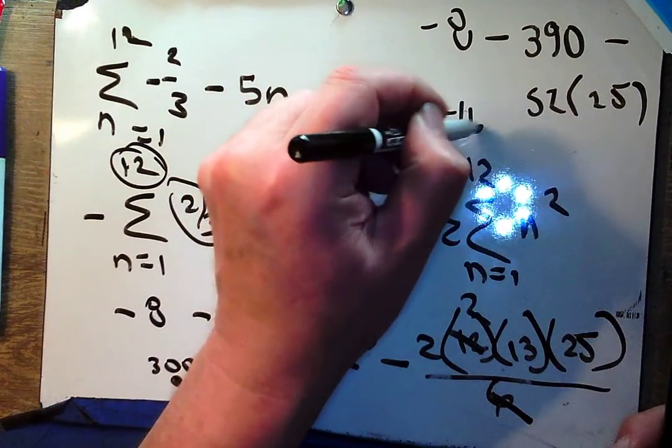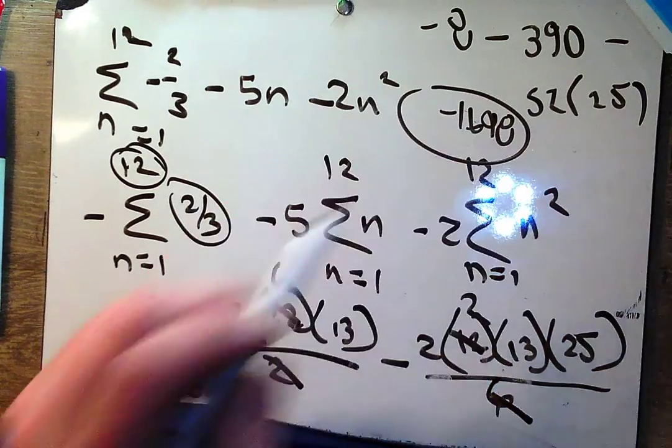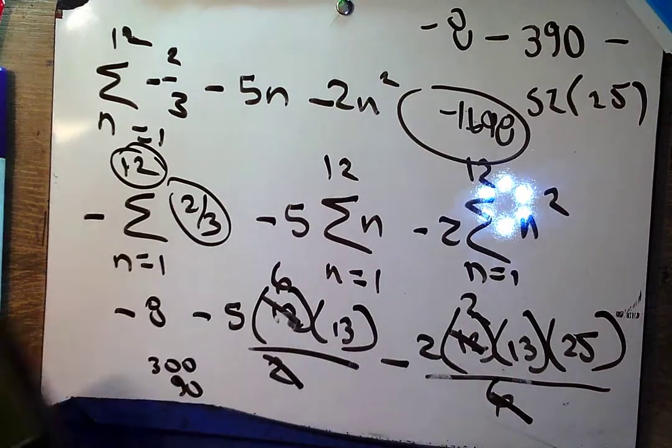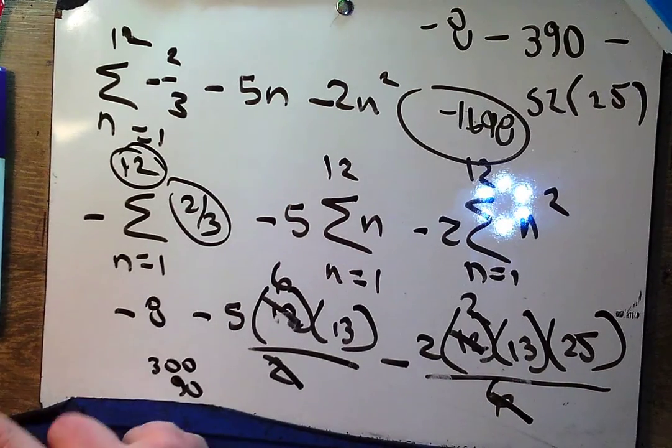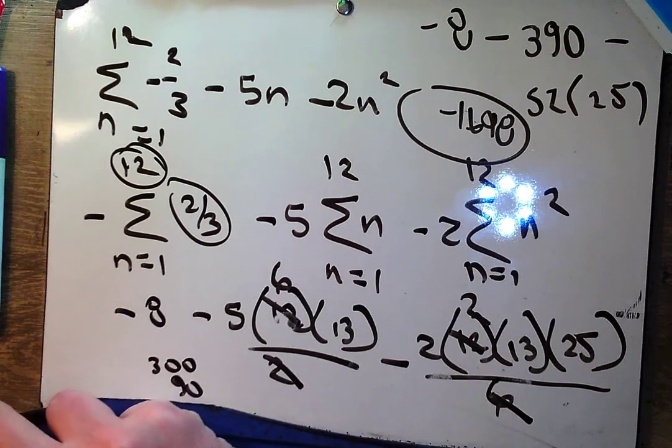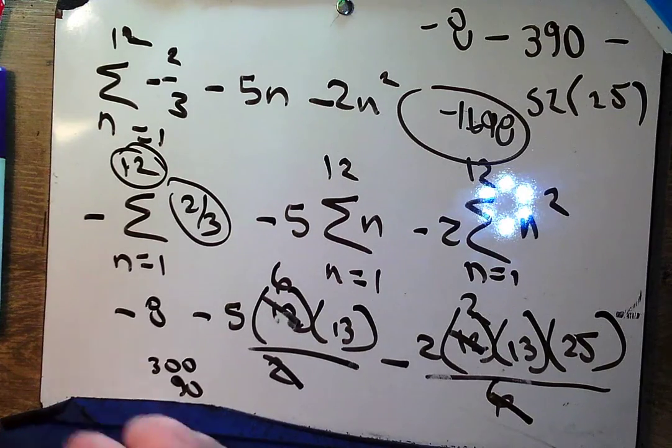And I think that's minus 1698. Just to be sure, I'm actually going to go back to the unsimplified step and see if I get the same value. 5 times 12 times 13 divided by 2 minus 2 times 12 times 13 times 25 divided by 6. Yep, same, negative 1698.